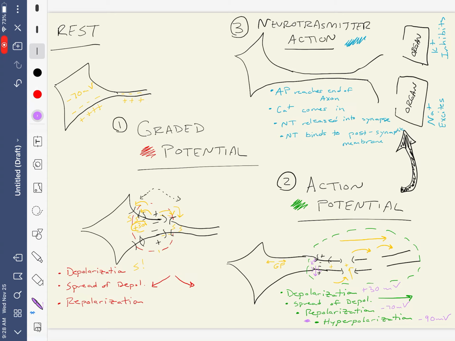I didn't mention this in class, but the reason why we have hyperpolarization is, well, there's two reasons. One reason we hyperpolarize is to make sure that we at least get back to resting. If we shoot for negative 90, we're going to be pretty darn sure to get to negative 70. And the other reason why we hyperpolarize the membrane is to make sure that each action potential is separate.